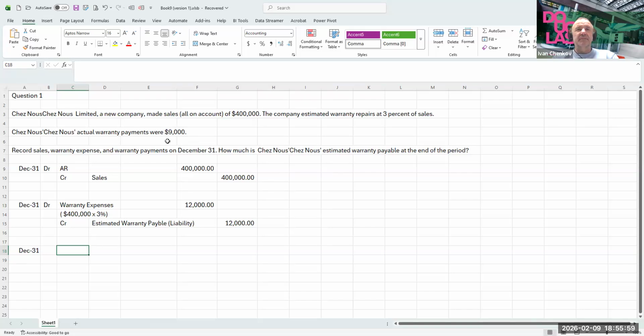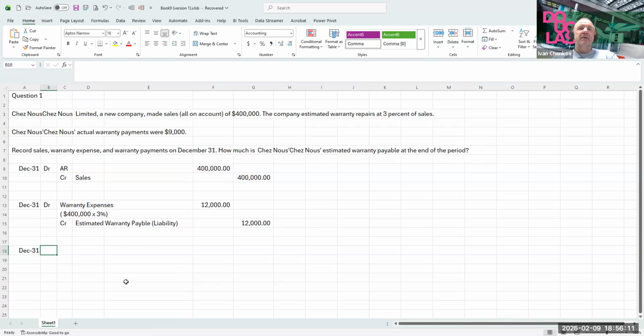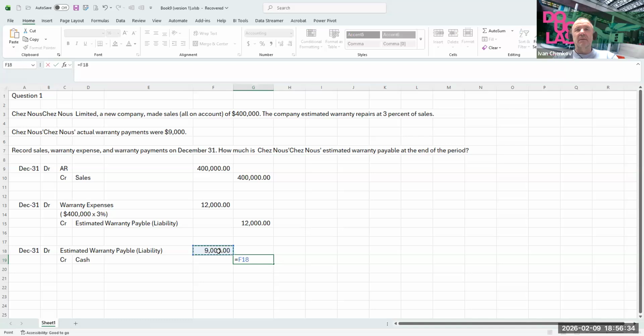When the client comes and claims the warranty, we directly debit the estimated warranty payable account, and we're gonna start reducing that account, for 9,000. In this case, let's assume that we pay everything in cash. And 9,000 will be on the other side to balance the entry.